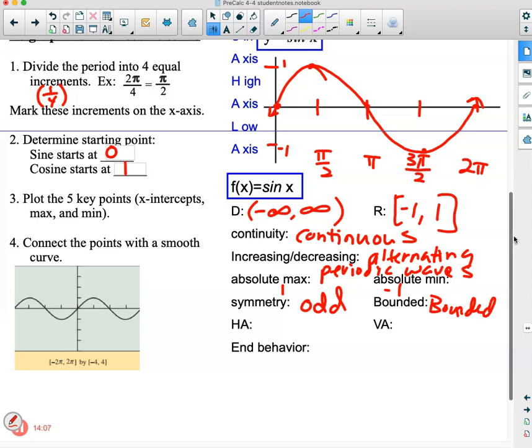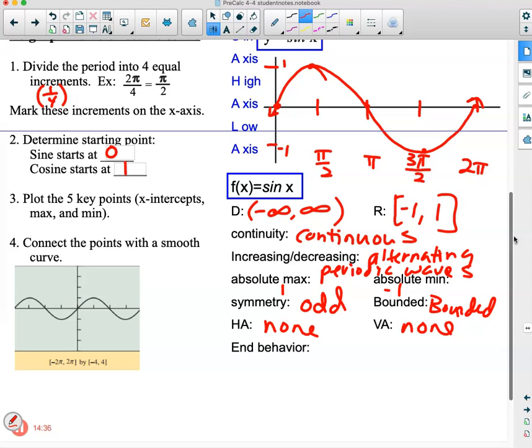Horizontal asymptotes? No, there's nothing stopping us horizontally. Vertical asymptotes? Can keep going forever. So these are none. And then that end behavior piece, which not everybody was too fond of with this graph when we were talking about the 12 basic functions, because it doesn't exist. You know, the end behavior, it's going down, it's going up, it's still oscillating there.